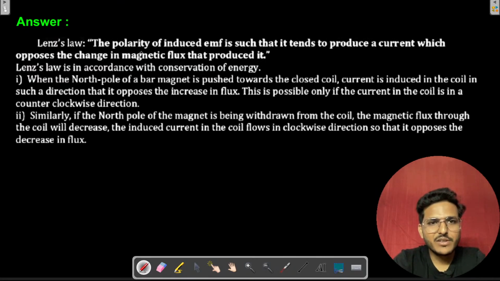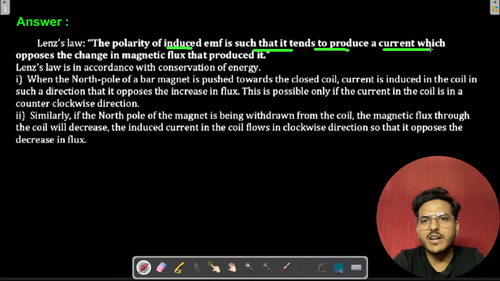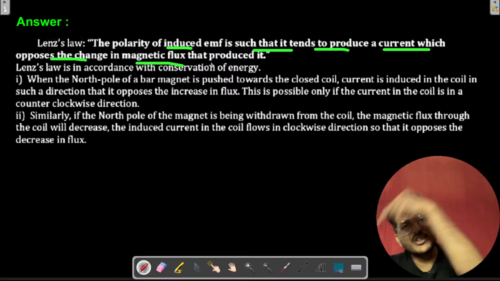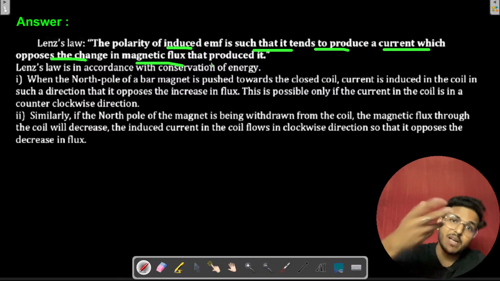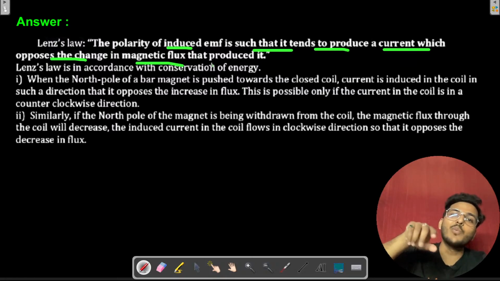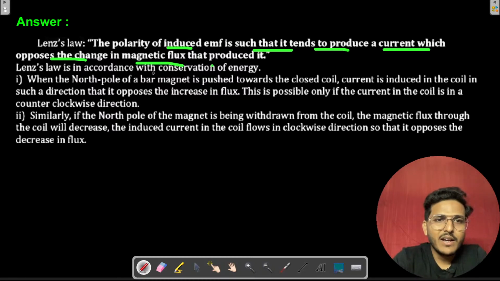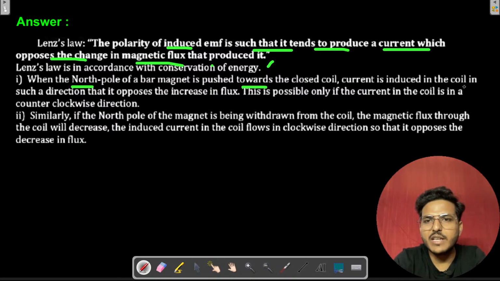See, Lenz's law: the polarity of induced EMF is such that it tends to produce a current which opposes the change in magnetic flux that produced it. Induced current is generated due to change in magnetic flux, and the current in the loop flows in such a way that it opposes the change. Lenz's law is in accordance with conservation of energy. When the north pole of a bar magnet is pushed towards the coil, the current is induced in the coil in such a direction.